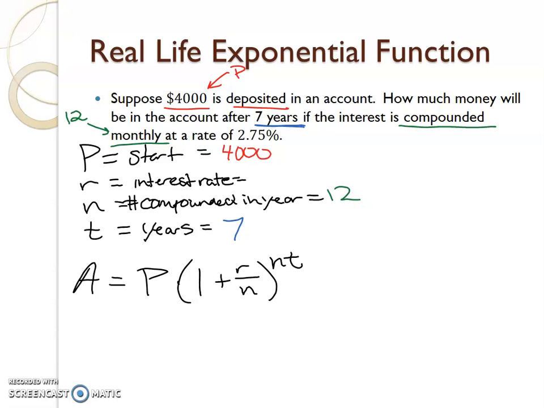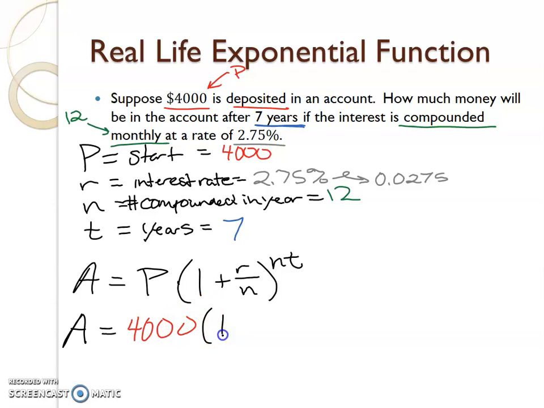And then your R would be your interest rate. It is 2.75%. However, we're not going to be able to plug that in, so we need to call this 0.0275, which is what we have to use for that. Okay? So I'm going to go through my equation. I'm going to plug these values in. A equals P, which is 4,000.